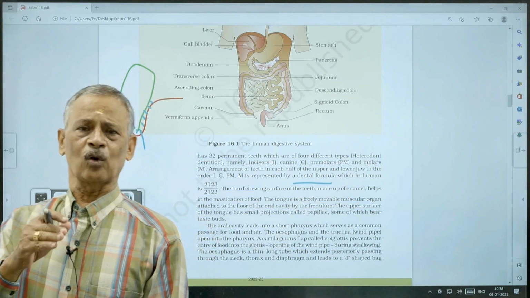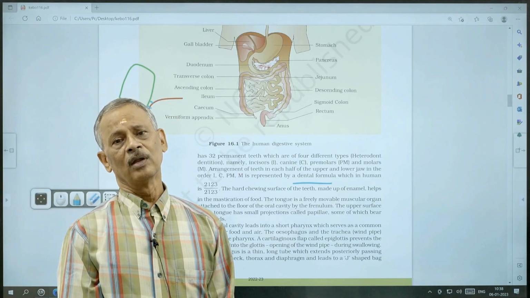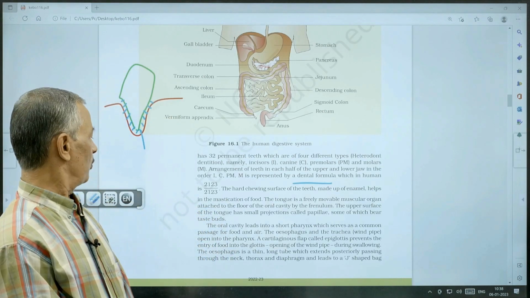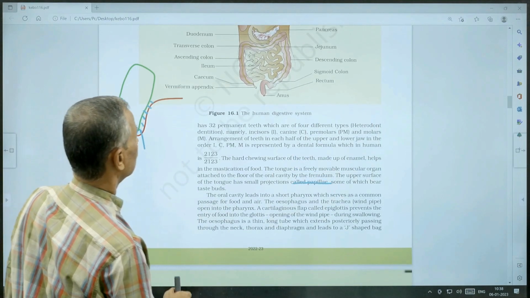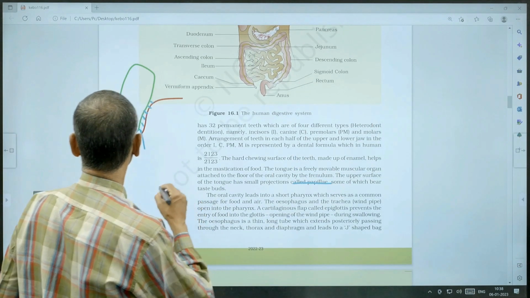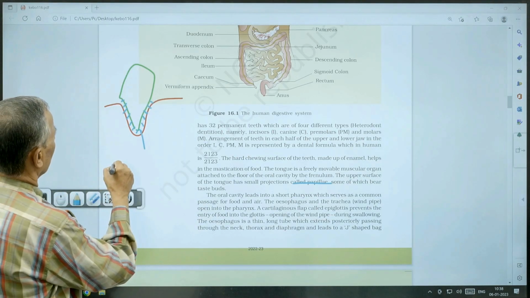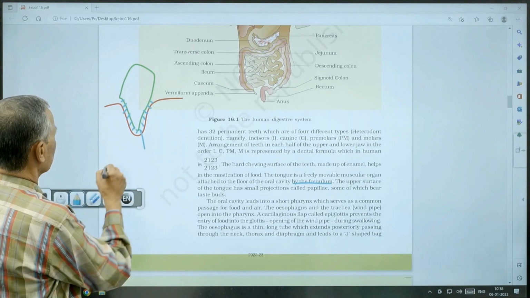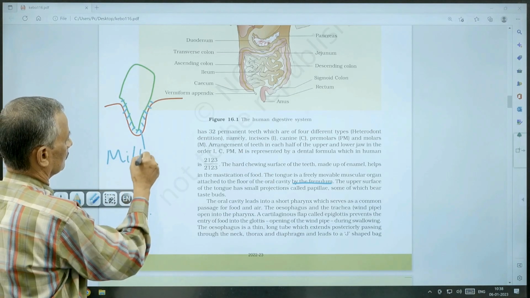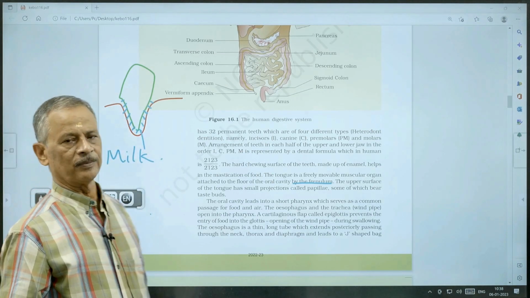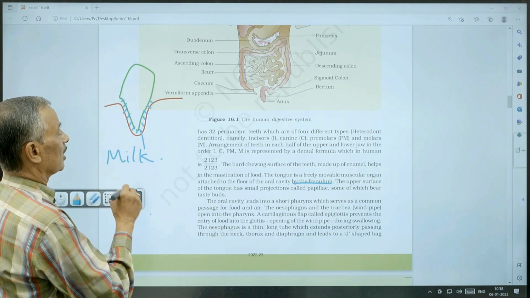And later on, these teeth will be falling off. Since they are all falling off, they will be also called by another name. So we are having two sets of teeth, which is milk dentition and the second set of teeth will not fall away.